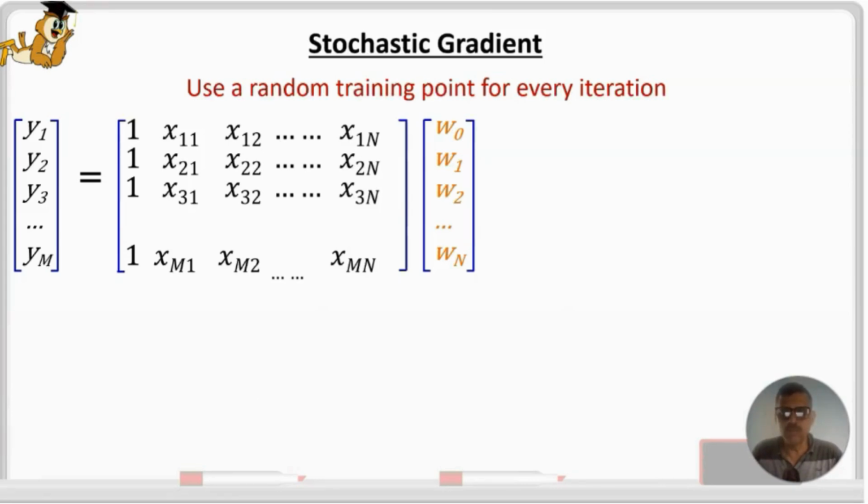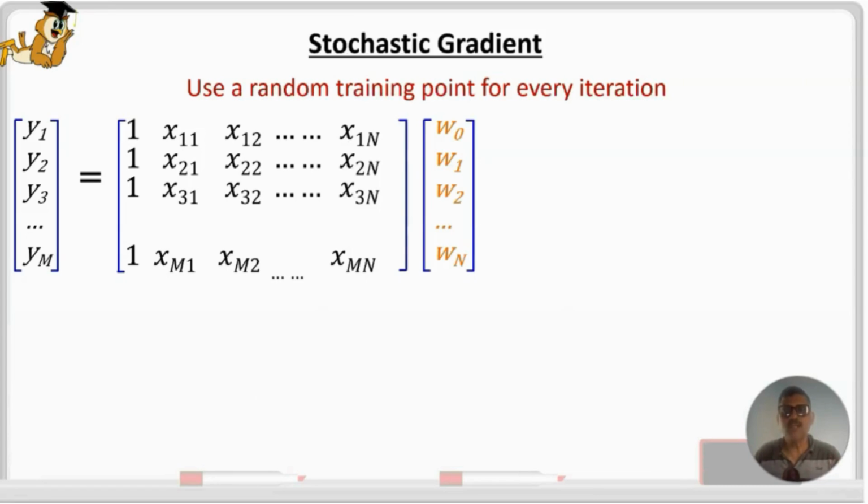Okay, so remember, what we do in the gradient descent is, in order to find the best direction to move in, you perform an operation over all the training points, right? So over the entire training set, you find the direction to move in for each point, average it out, and then move in that direction, right?